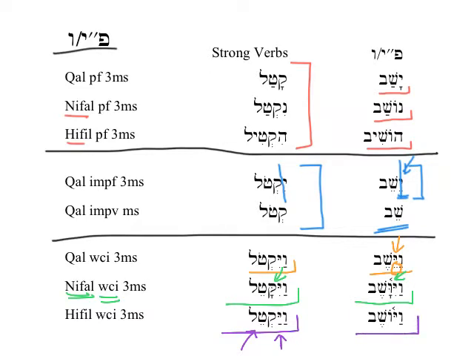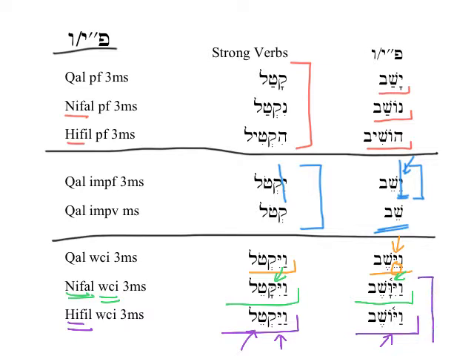A little challenging here, but in the peh-yod verb, vayoshav, we see that, again, in the hifil, the true character of the peh letter comes out as a vav, and in this case, since it's a hifil, it's going to lengthen to a holam vav, vayoshav.